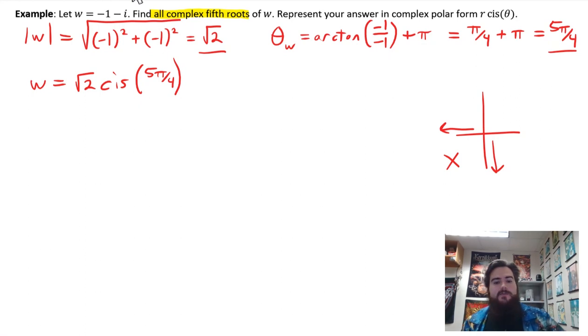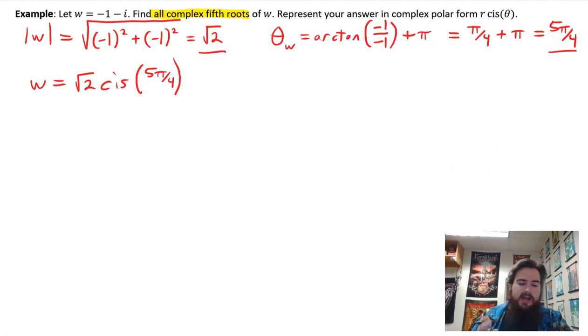Using this condensed form of the complex polar form, we can now apply the root formula in order to come up with the 5 complex fifth roots of w. So let's do that. If we're going to find the fifth roots of w, and we have 5 solutions, I'll represent those with subscripts. W to the 1/5 power, I'll use z with different subscripts.